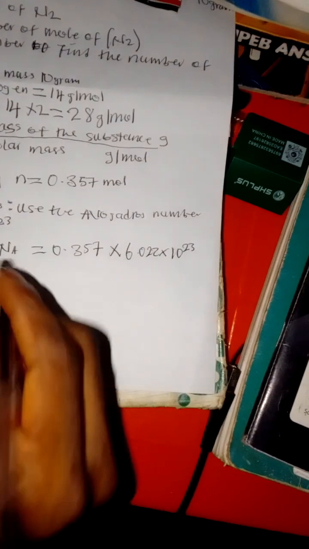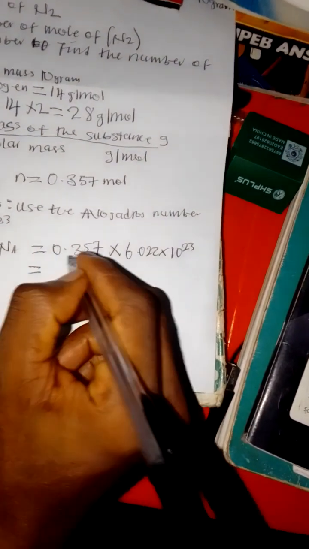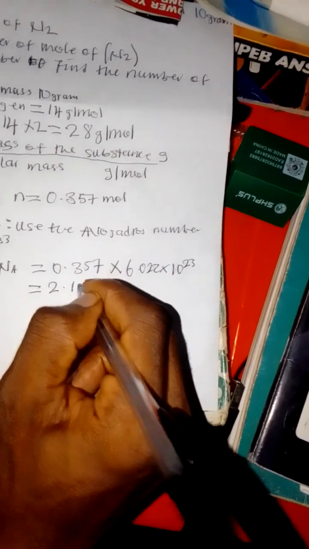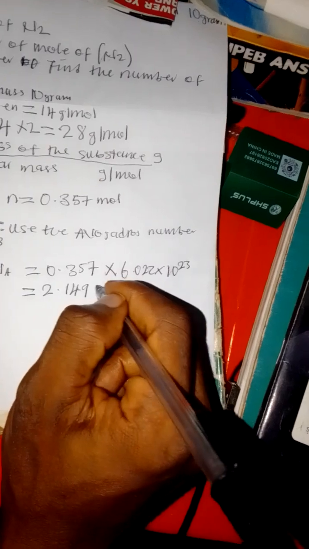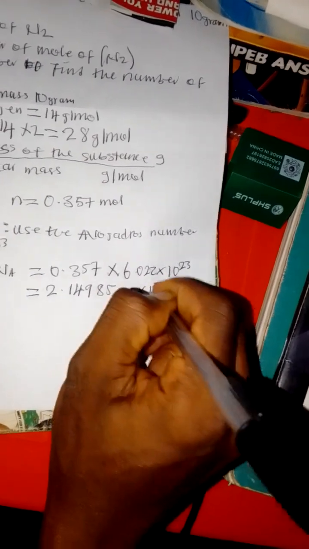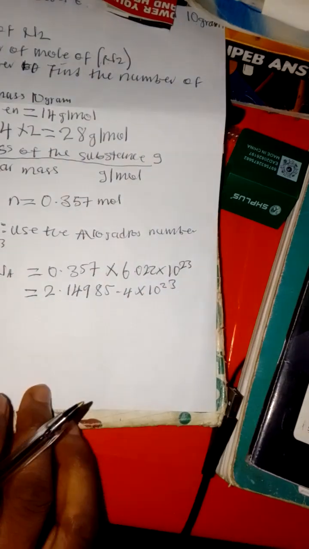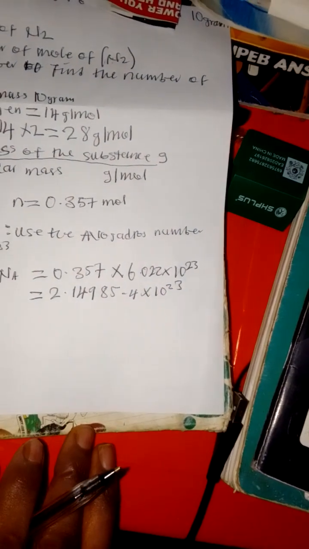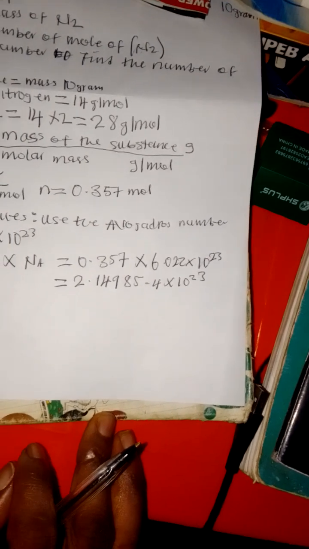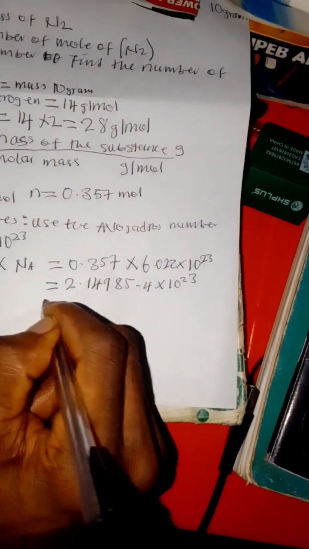So the answer will be 2.14985 times 10 raised to power 23. The number is much, right? It's much, so we can't leave the answer like that. We have to approximate.